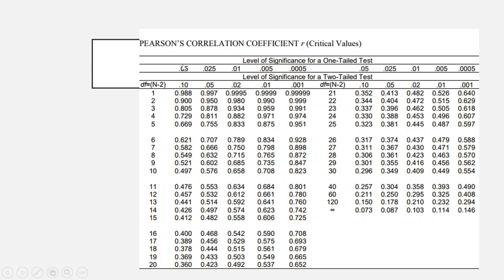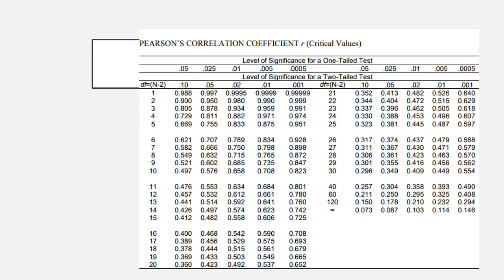So if you notice, you've got one row containing critical values corresponding to p equals 0.05 one-tailed, meaning that if you reach any of the values in this column, you would achieve significance. The associated two-tailed p-value for this same column, though, is 0.1, meaning that if you were to use a two-tailed test, any of the values here in this column would not achieve significance.